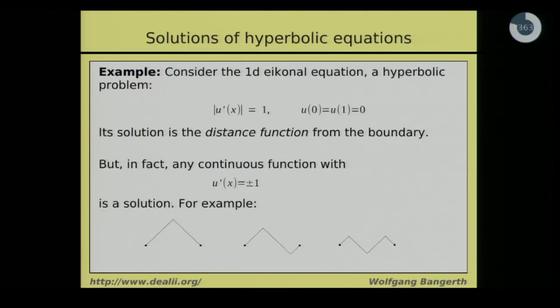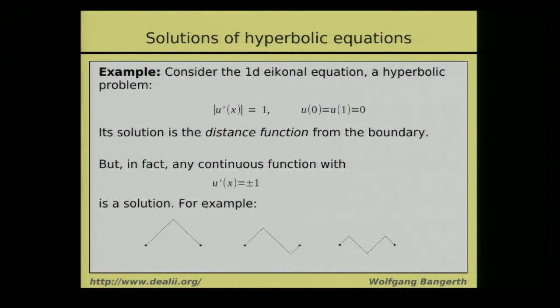So let me give you an example of an equation that is hyperbolic and that has infinitely many solutions. And we're going to take a look at it and see if we can identify the characteristics of what the physically correct solution should be. So an equation of a hyperbolic problem would be something that we call the Eikonal equation.